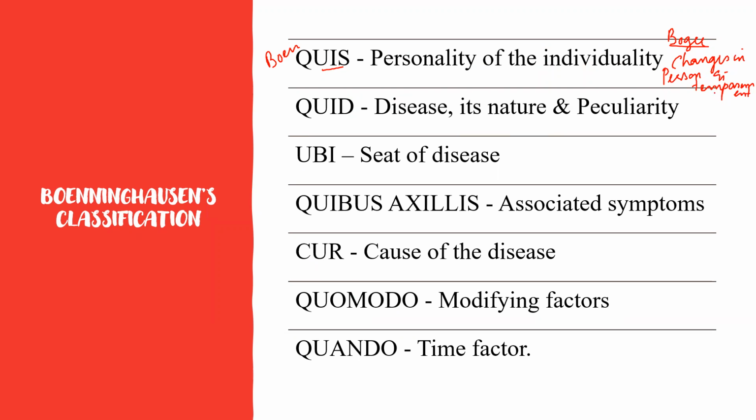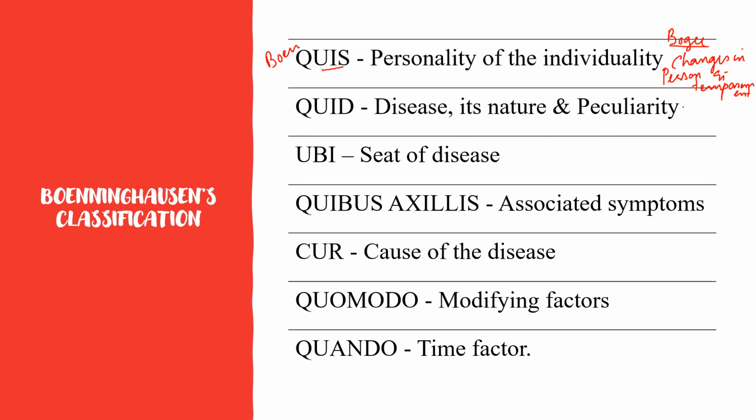So the classification of Boger and Bonninghausen is the same; the differences are just in the terminology. Remember this. Okay. Next one is quid. Quid is what Bonninghausen meant as disease, its nature and peculiarity.